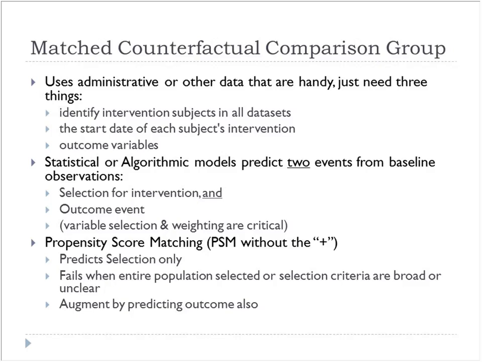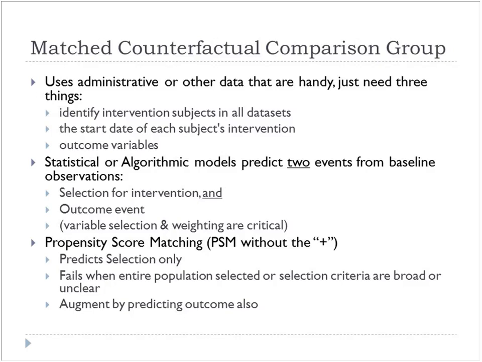Okay, so getting into the matching. What we're looking for is a matched counterfactual comparison group. So we have our intervention group. They received whatever, in this case, a practice change that was designed over many years and monitored very carefully for fidelity.